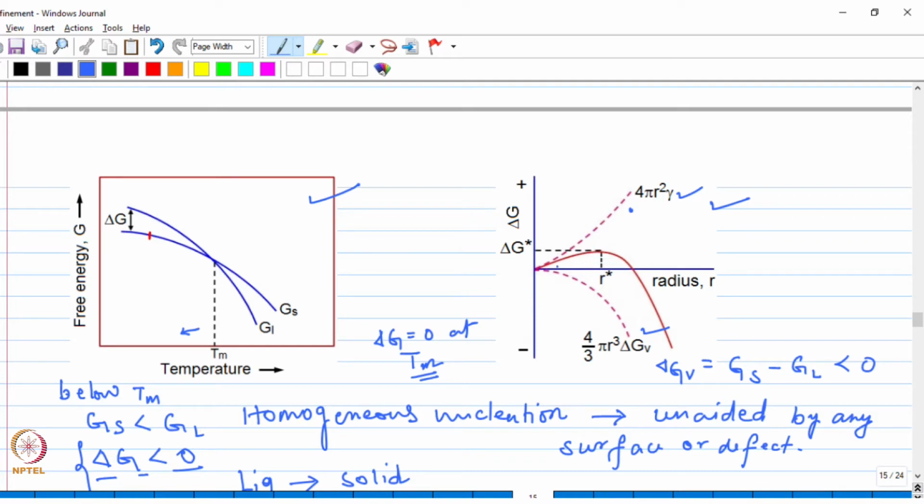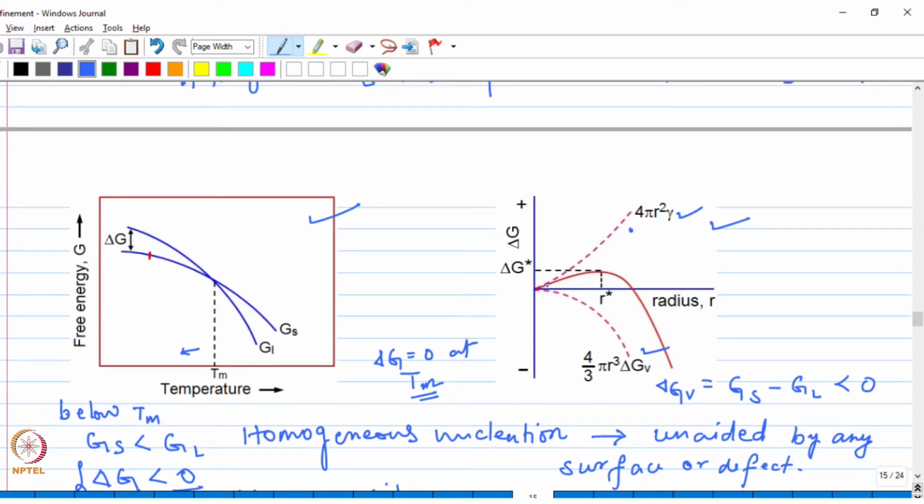So now you can see, if you look at this total curve, the solid curve, for small values of R, the surface energy term is dominant, and that is why for small values of R, this curve will tend to follow the surface energy curve, okay, as you could see.